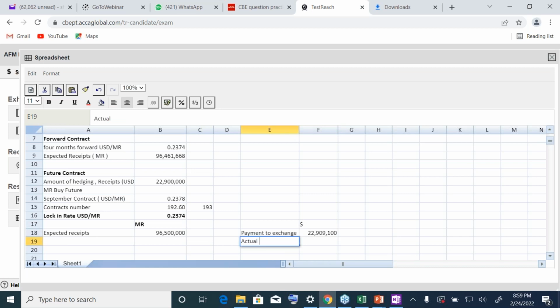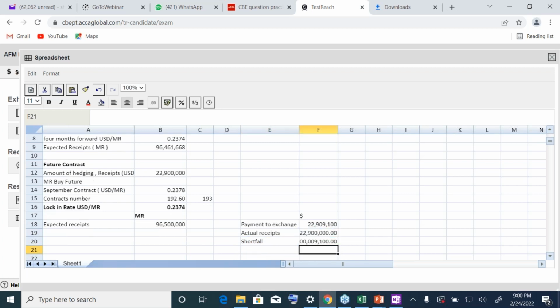But your actual receipts are 22.9 million. You have to pay 22.909 million, but your actual receipts are 22.9 million. So let's calculate the shortfall. Shortfall is 9100. You have to deliver 22.909, but you only have 22.9 million.